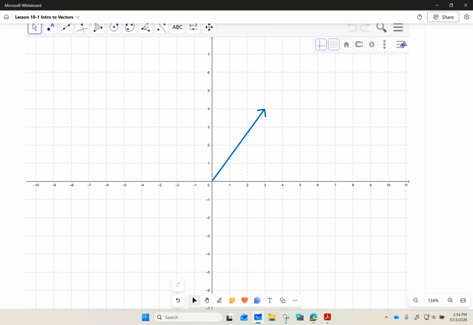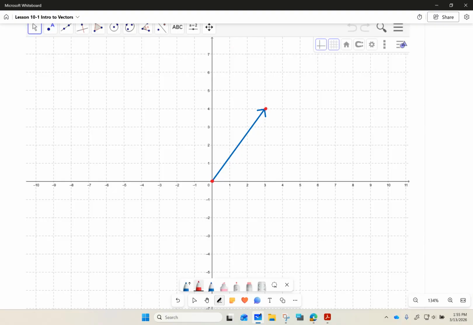There we go. All right. So there's my vector. My tail is at 0, 0, okay? And my arrow ends at 3, 4. So I'm going to put some dots here just to provide some visual context of the beginning and end, okay?